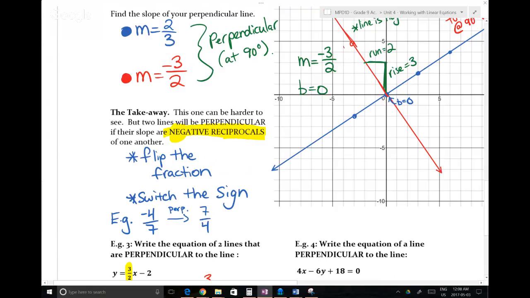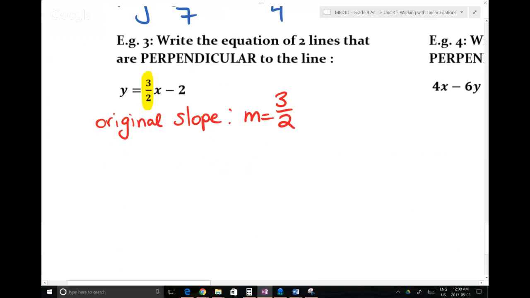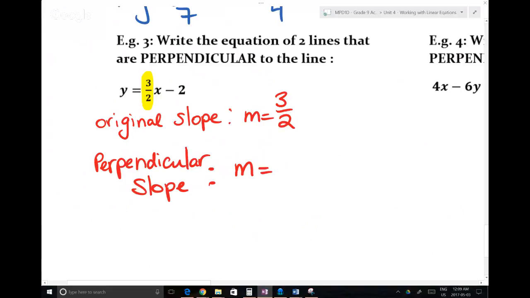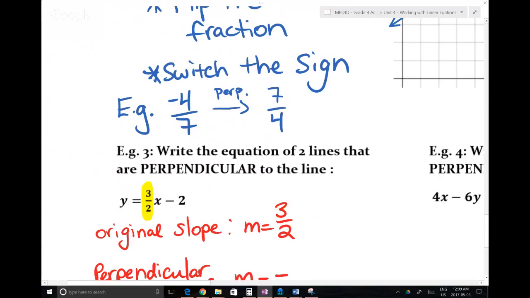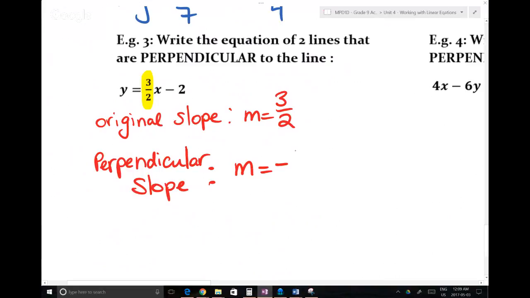All right. So our new slope, the perpendicular slope, should be what? Well, it's a negative reciprocal. Negative reciprocal means we switch the sign. Since this one was positive, our new slope is going to be negative. And then reciprocal means we flip the fraction. So 3 over 2 is going to become 2 over 3.